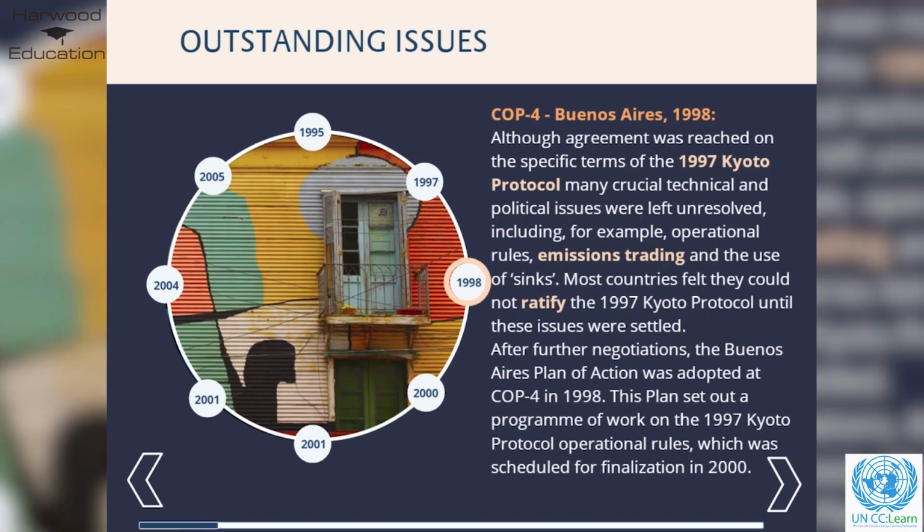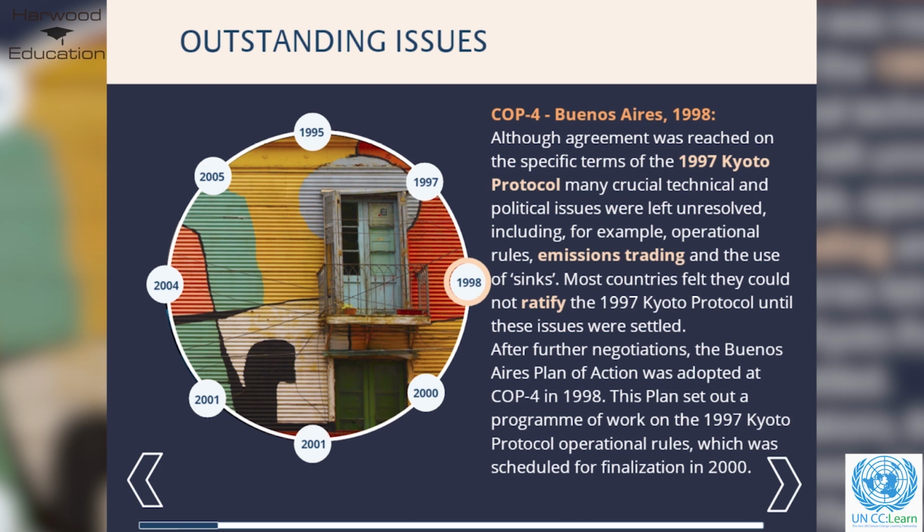1998. COP4, Buenos Aires, 1998. Although agreement was reached on the specific terms of the 1997 Kyoto Protocol, many crucial technical and political issues were left unresolved, including, for example, operational rules, emission trading and the use of sinks.